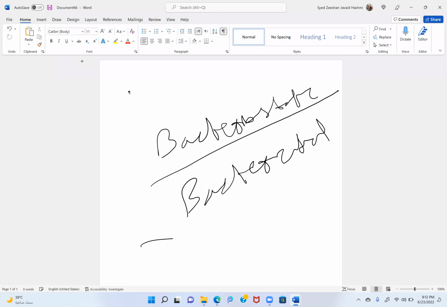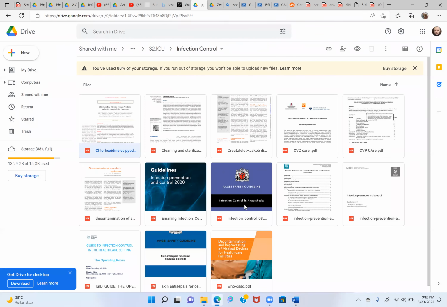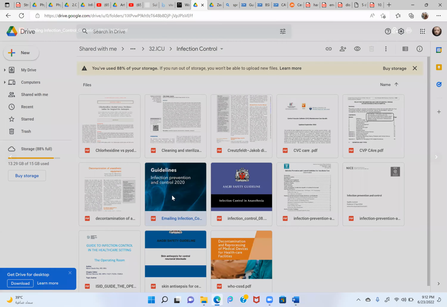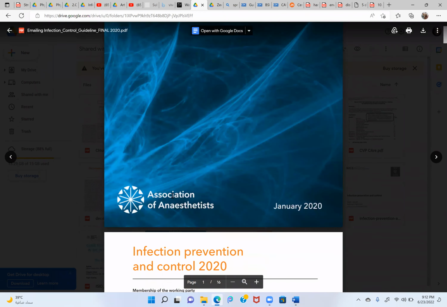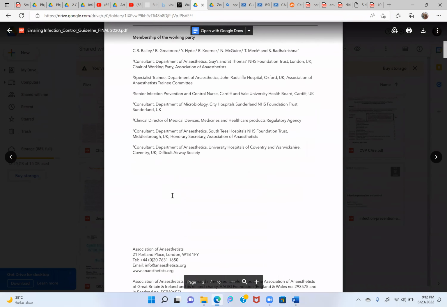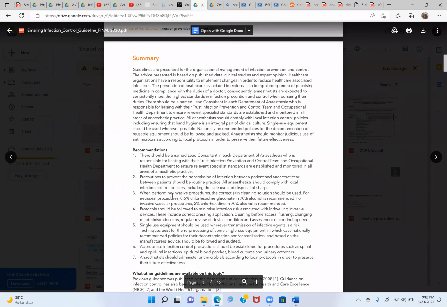Okay, just leave this question for me. I will try to find the answer and let you know in the next session, inshallah. But I suggest you have a look at this AAGBI guideline for infection control.